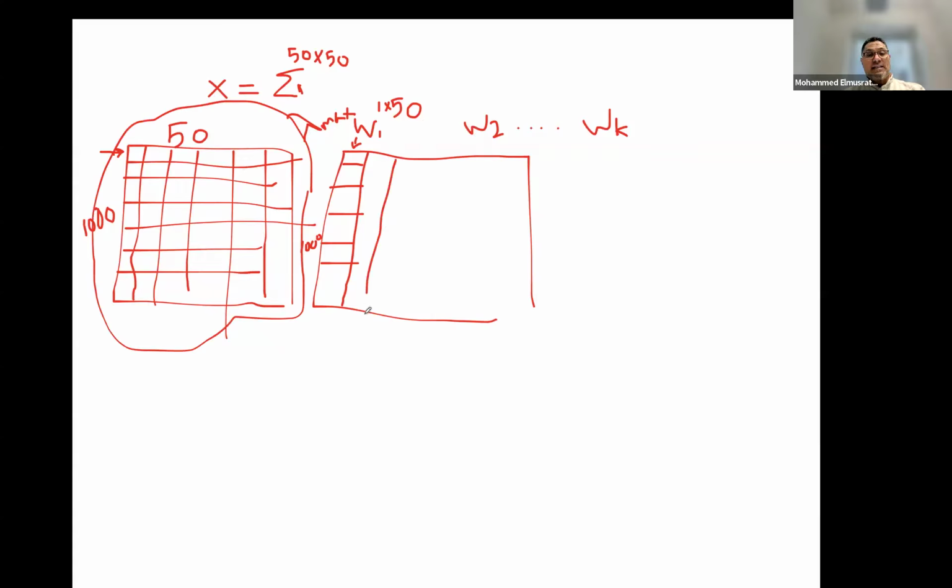Then I calculate the second element, then the third element, then the fourth element, and so on. Assume that now I take until a certain W, which means I should have only 10 elements out of 50. So I have one dimension, the second dimension, until the 10th dimension.